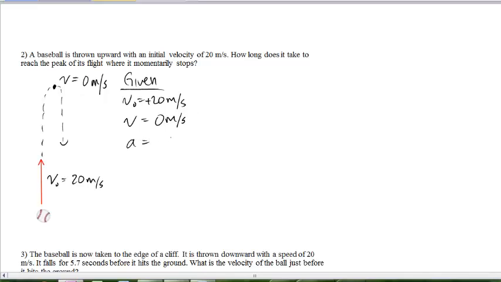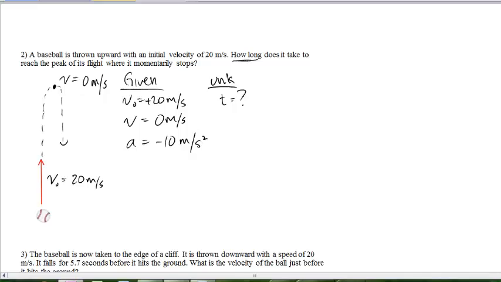And of course, since we're in free fall, the only thing acting on it is gravity. Our acceleration is minus 10 meters per second squared. And then my unknown, how long, is time.